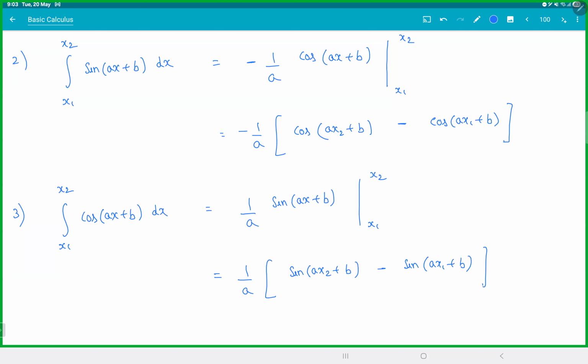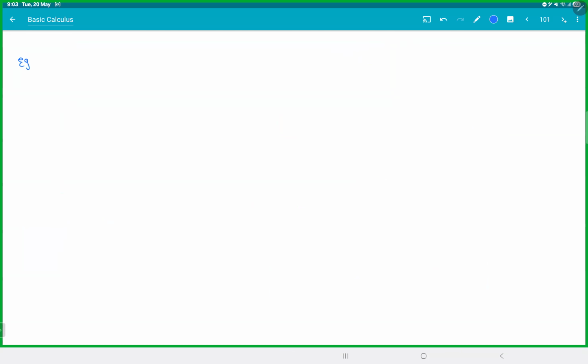Turn the page. Let me show an example. Let's say someone gives you the integral of sin x dx from 0 to 90. Now look at the formula here. The formula was sin(ax+b), isn't it? So here a is 1 and b is 0. So what was the result for this?